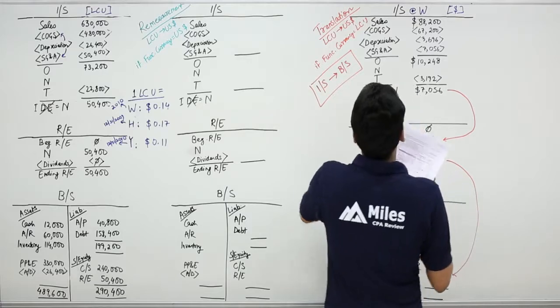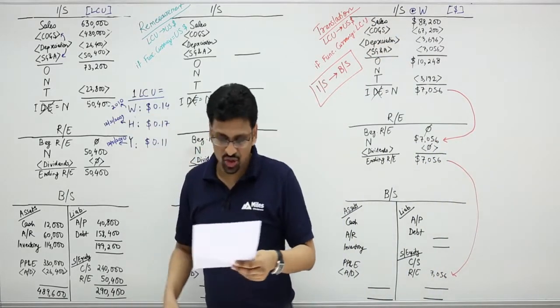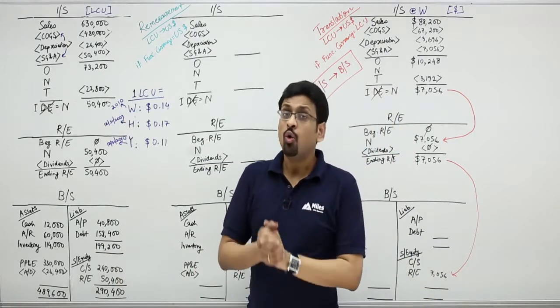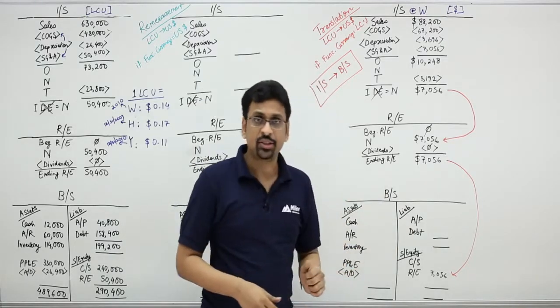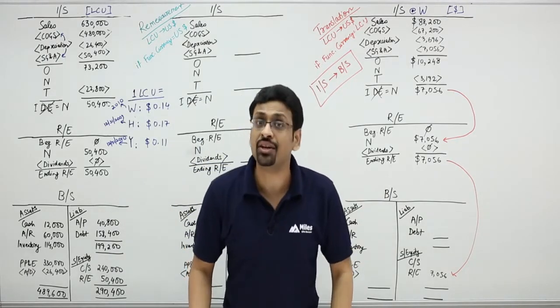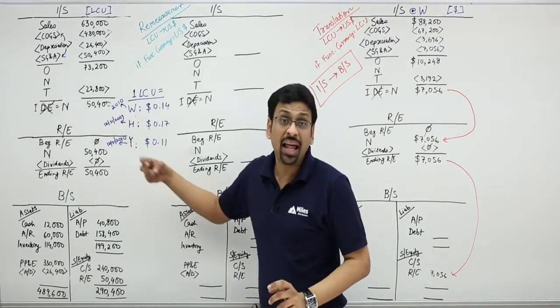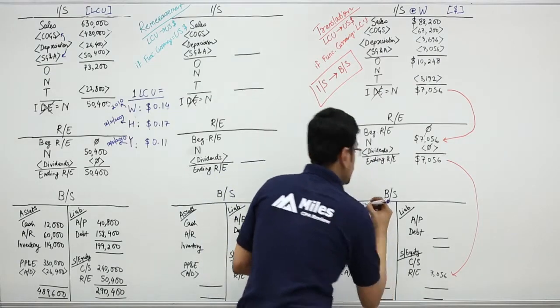Now, for the income statement items, we used the weighted average exchange rate. For the balance sheet items, what we would do is for assets and for liabilities, we would use the year-end exchange rate. That's the Y as of the balance sheet date. So for assets, it's Y, year-end rate.